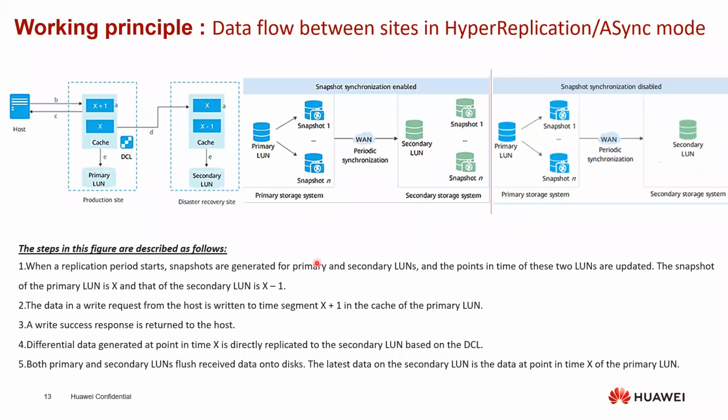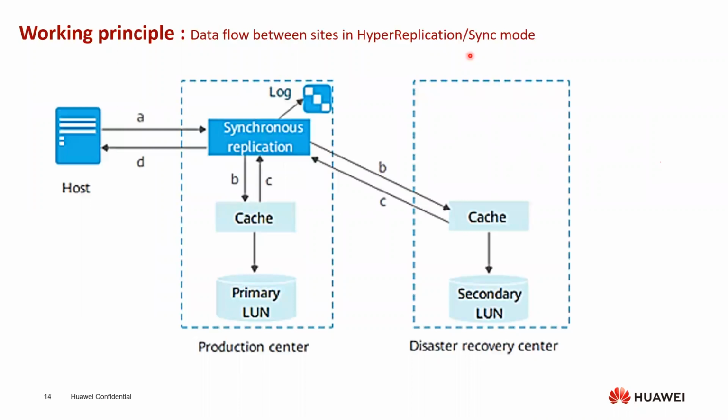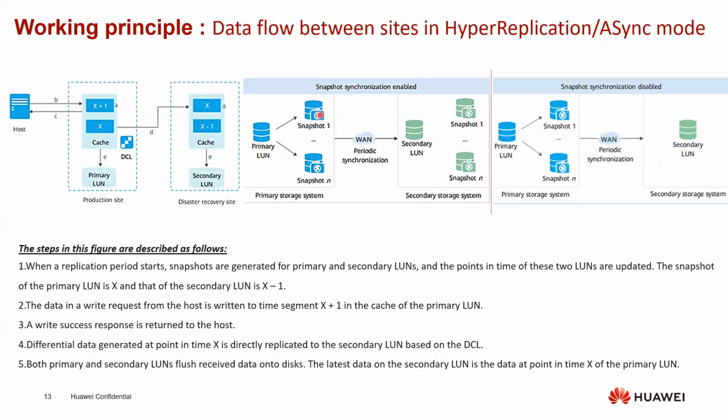Okay, as a technical understanding, let me give you a small explanation of how the async replication mode works, because for HyperReplication there are 2 types of mode. One is called async replication, and the second one is called sync replication. If I talk about async replication, you can see here the production side and the disaster recovery side. The 2 sites are there, and the data is written by the host.